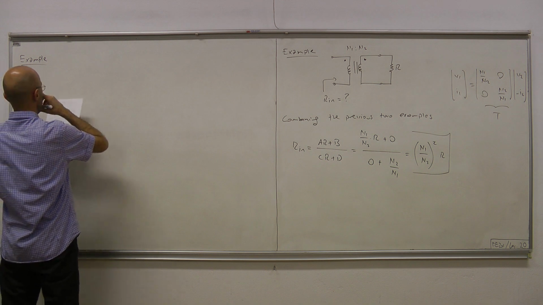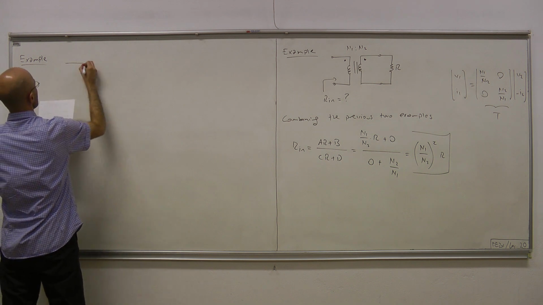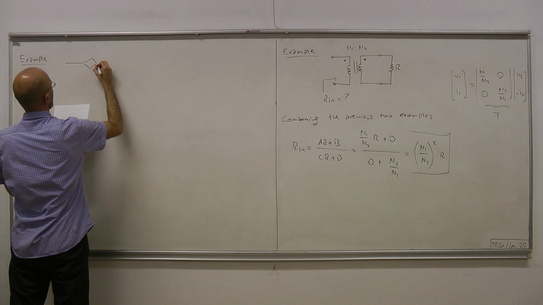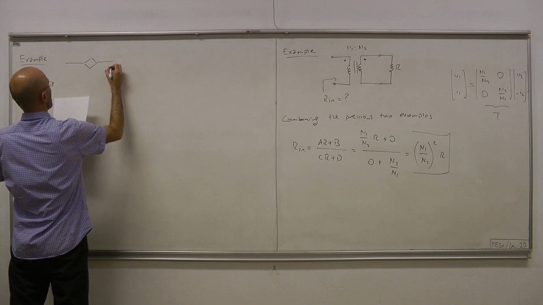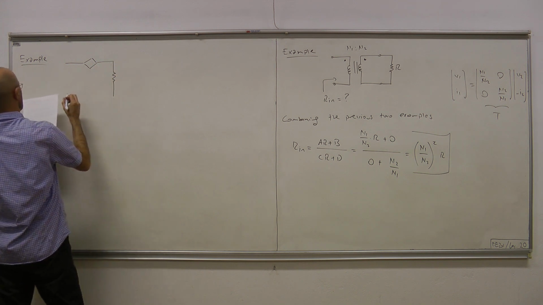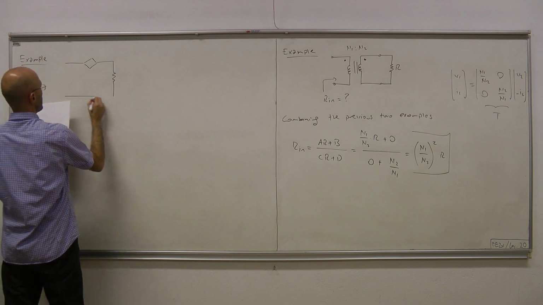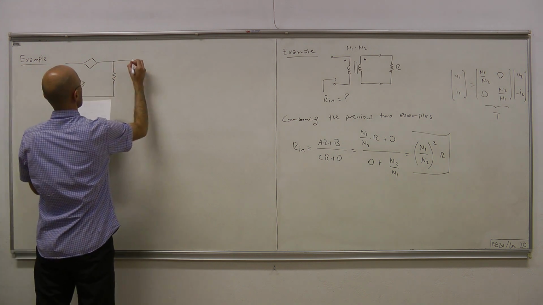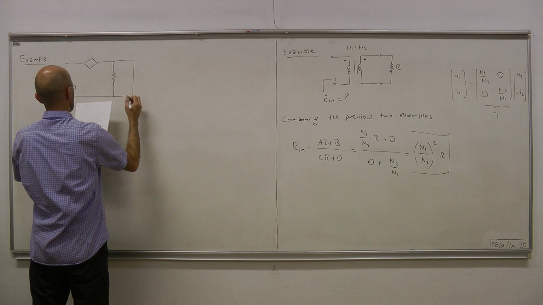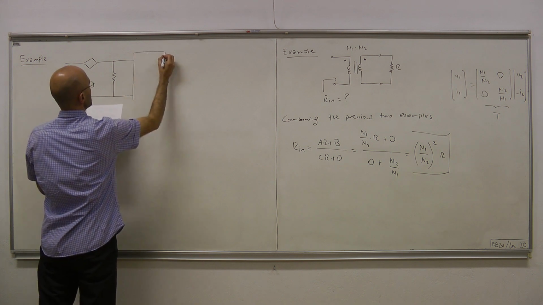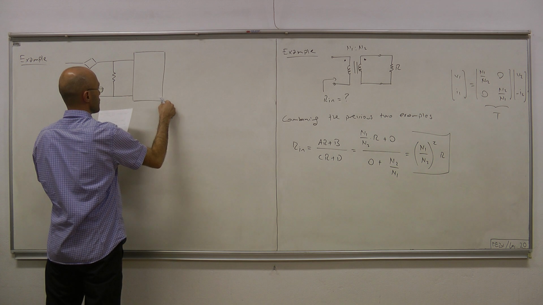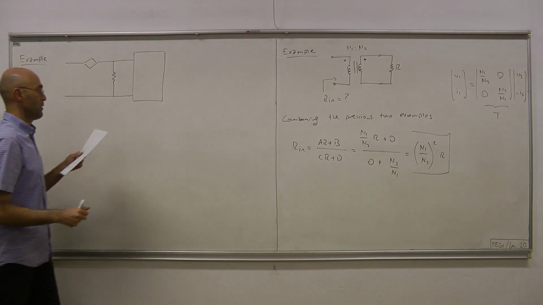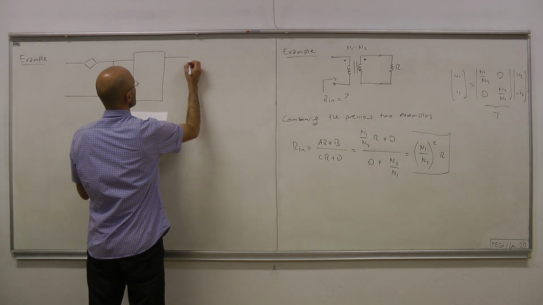Now we have the following. One port which is obtained from the two-port for which we're given, or we have, let's say, previously computed, the hybrid parameters, the hybrid representation.